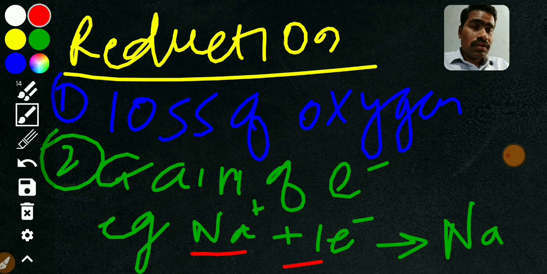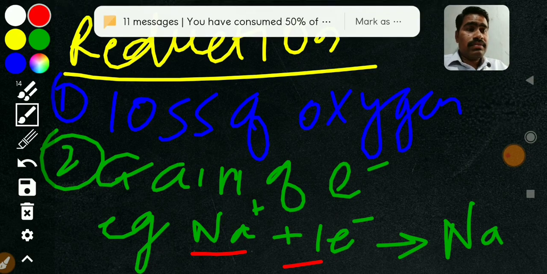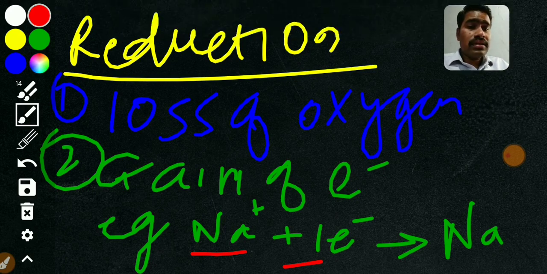In the oxidation reaction, electrons were donated. Now here in the reduction reaction, what is happening? Electrons are gained, and if the electrons are gained, then these reactions are called reduction reactions.